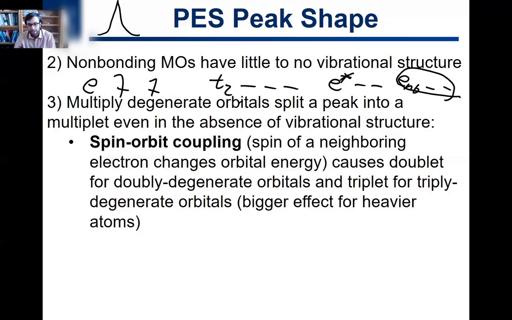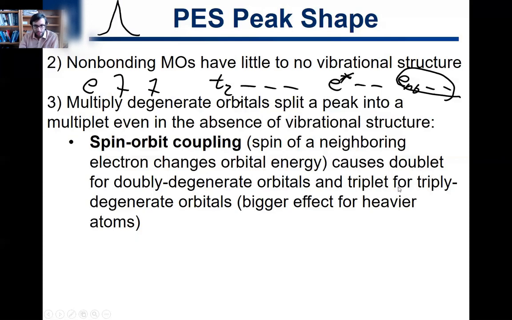Okay, and we'll talk about this briefly in the course later, but there are additional quantum numbers that you can ascribe to this. You might be learning this in PChem, for spin-orbit coupling. But for the purpose of just photoelectron spectroscopy, all you need to know is that if you have a doubly degenerate orbital, like E, or EG, EU, that's going to give rise to doublets, okay?